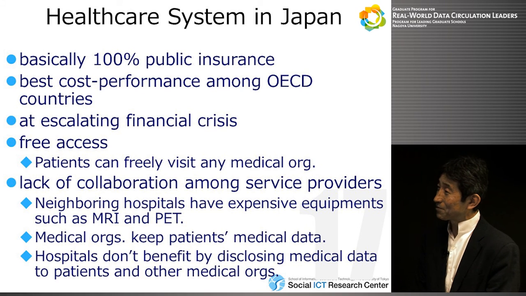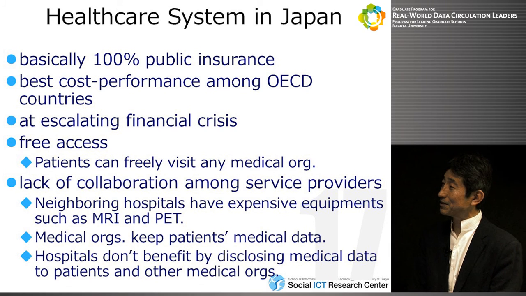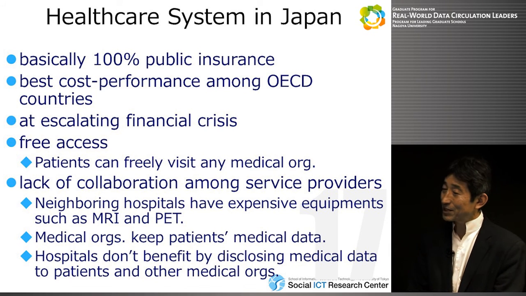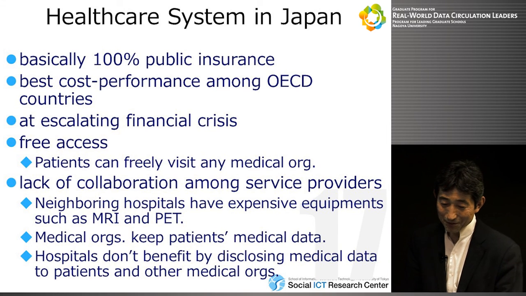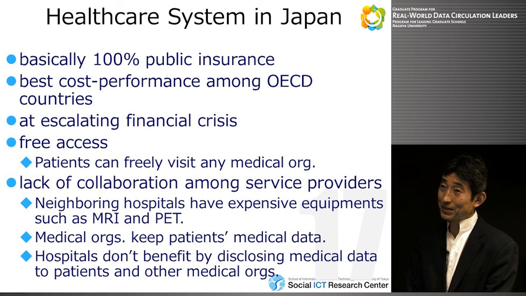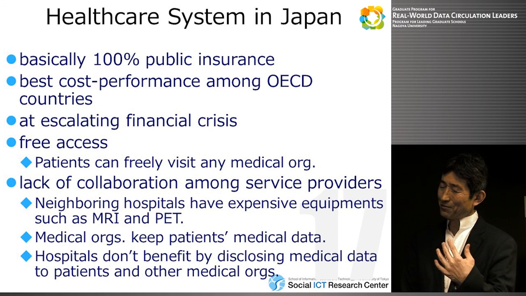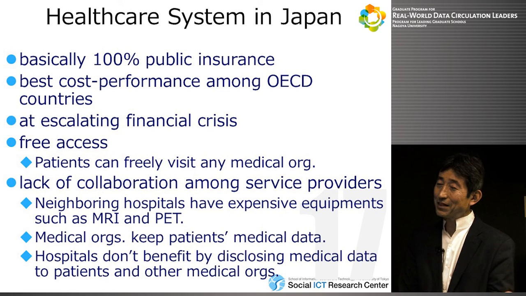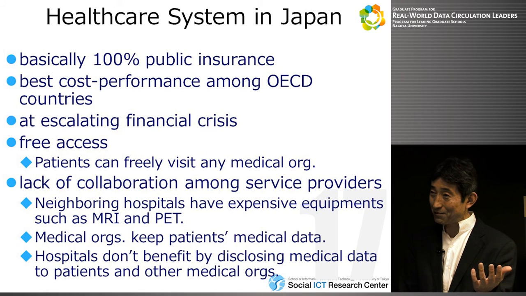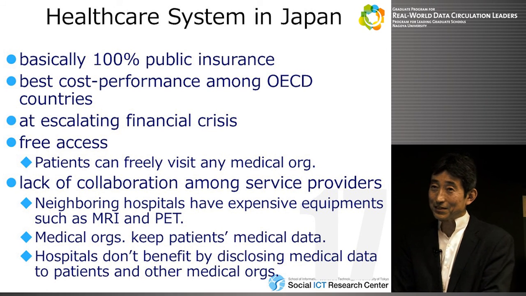And another thing which is quite special to the Japanese situation is that we have free access to medical organizations. We patients can freely visit any hospitals, any clinic. This causes an inefficiency in the Japanese healthcare system because many people tend to visit big hospitals from the outset rather than going to small clinics.